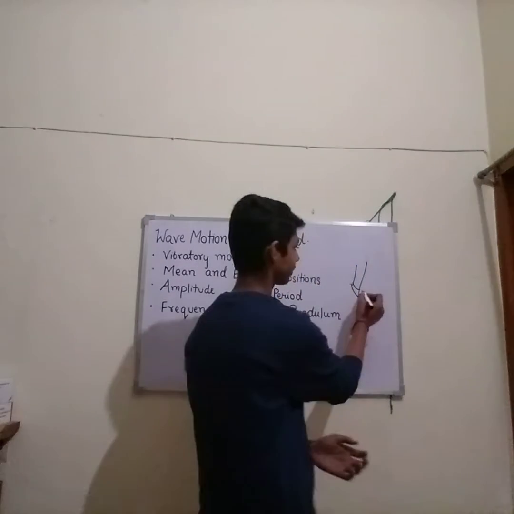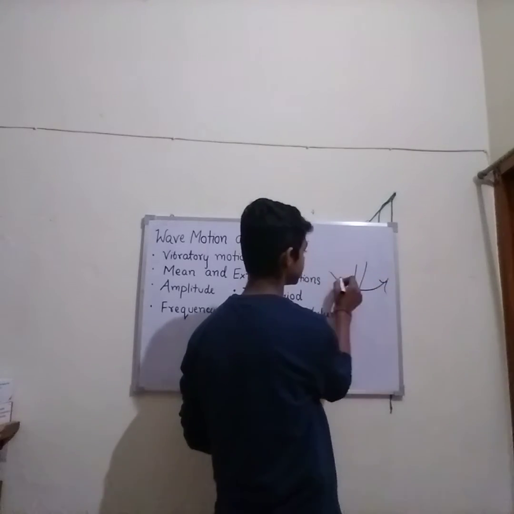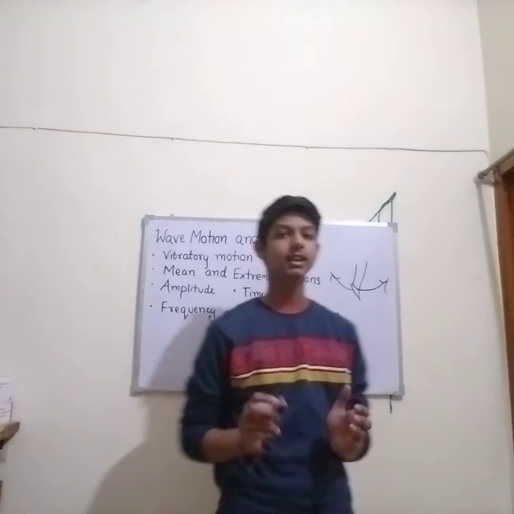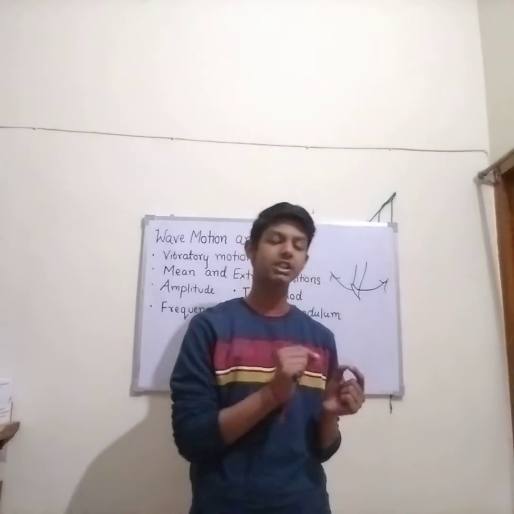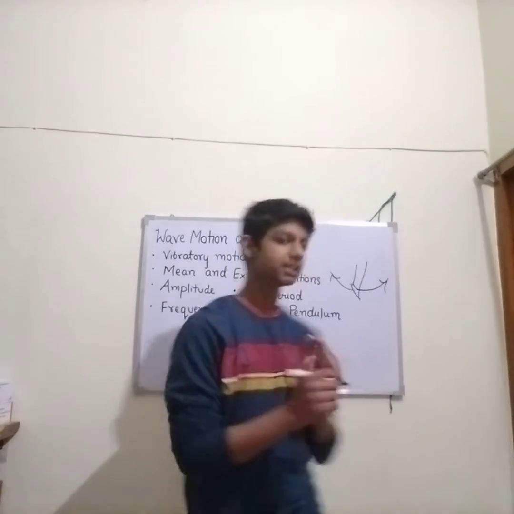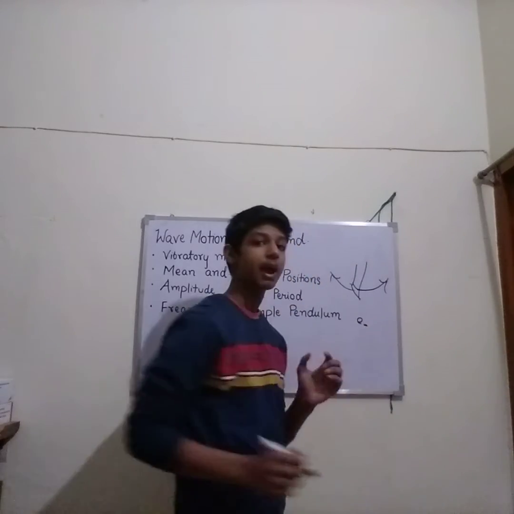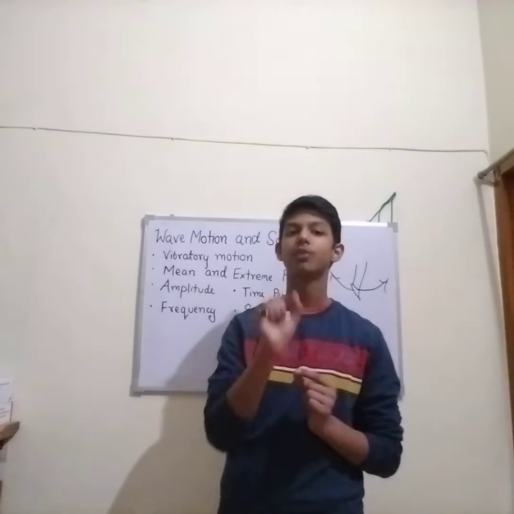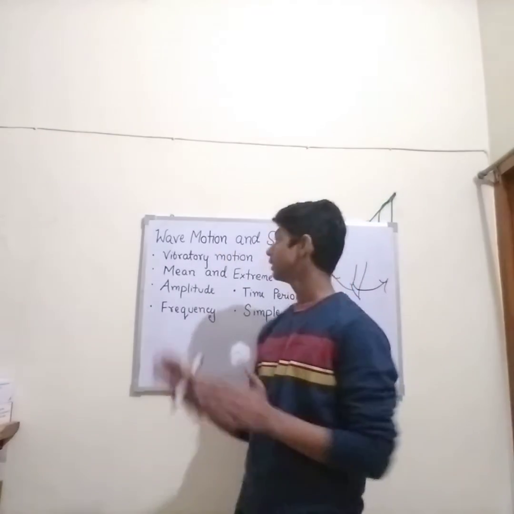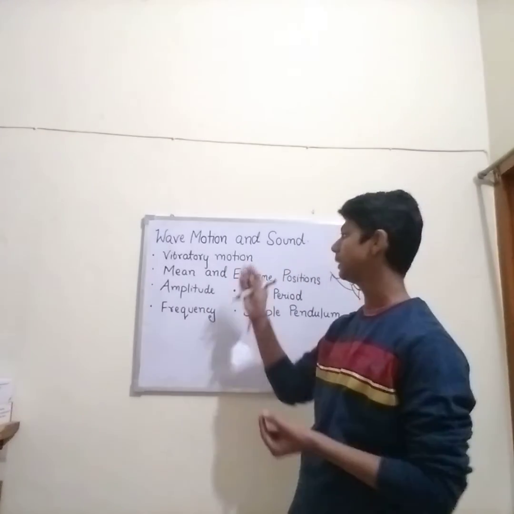This swing goes to and fro, firstly in this direction, secondly in this direction. If this type of motion is fast, like that of molecules, it can be vibratory motion, and the slower motion of this type will be oscillatory motion.